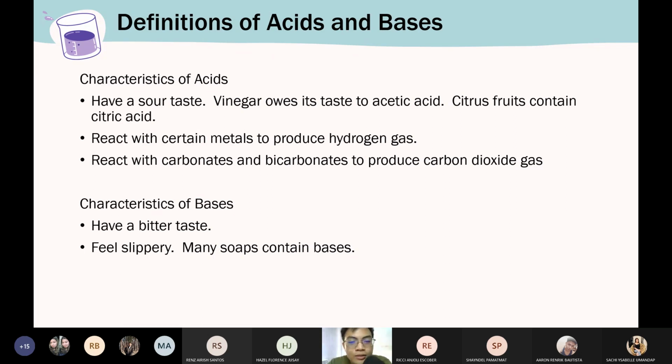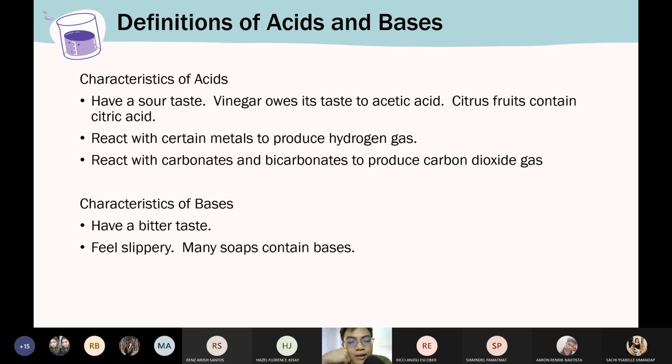It can liberate carbon dioxide from your carbonates. And for metals, kaya niya sirain yung metals. And that produces hydrogen gas. So, yan yung mga concerns ng acid rain. Diba? Kapag may acid rain kasi, nabasa yung metal, magkokorrode madali yung metals. So, yan. Okay, so those are the characteristics of acids.